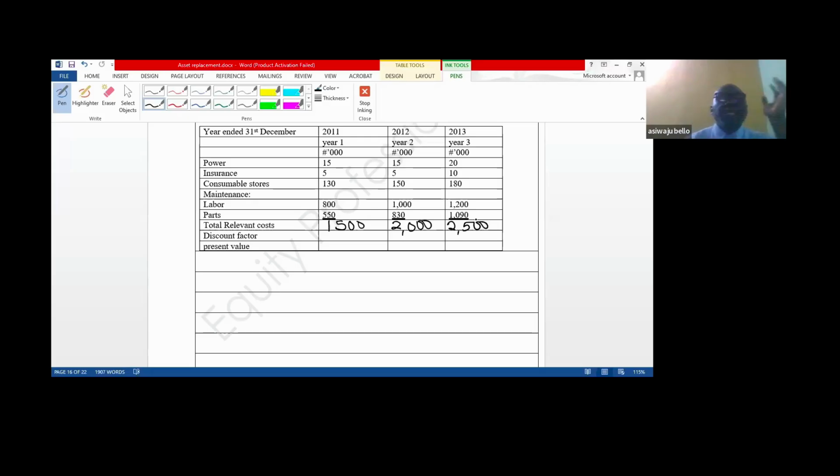You are going to see now the discount factor at 10%: 0.909, 0.826, 0.751. Why we are taking present value is because cost of capital is involved.